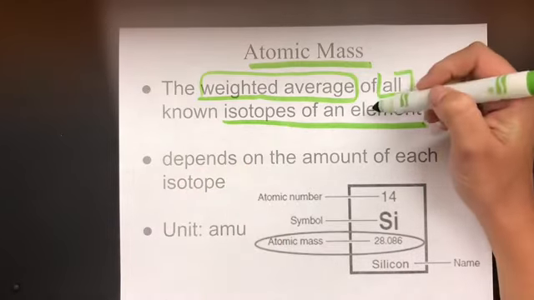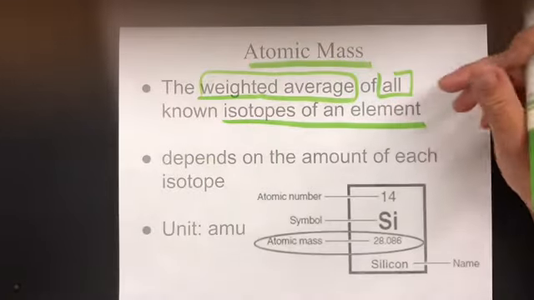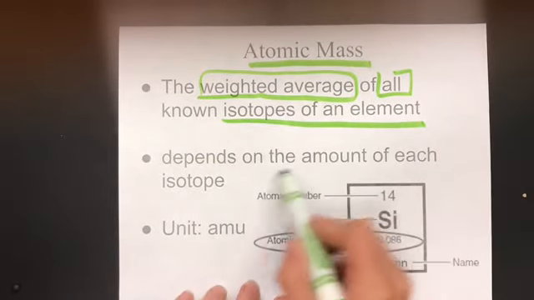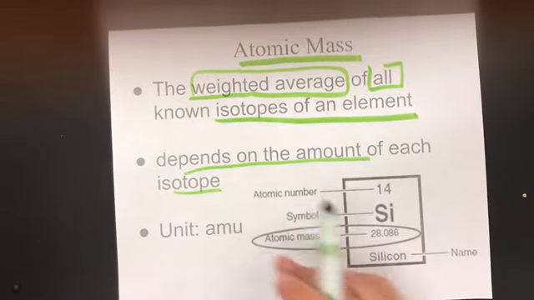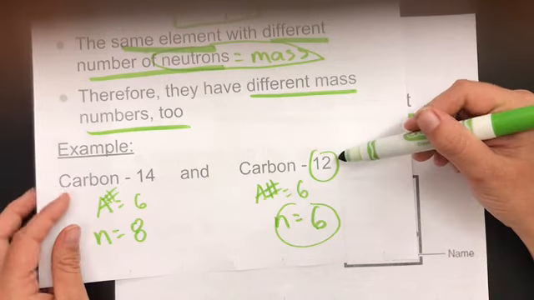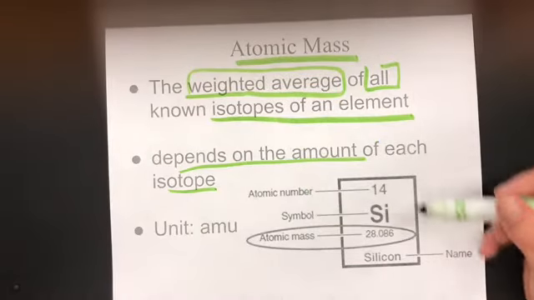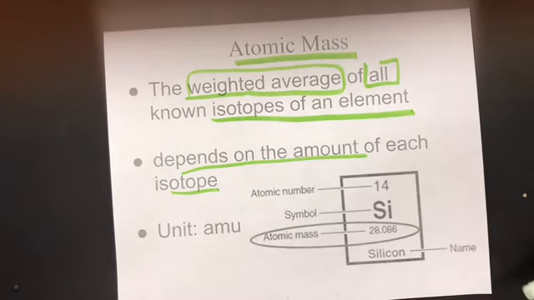It's an average, so it's an average of these two, not one specific atom. Okay, it depends on the amount of each isotope. So if I have more of carbon-12, the average atomic mass is going to be closer to 12. Okay, that is what's on the periodic table.